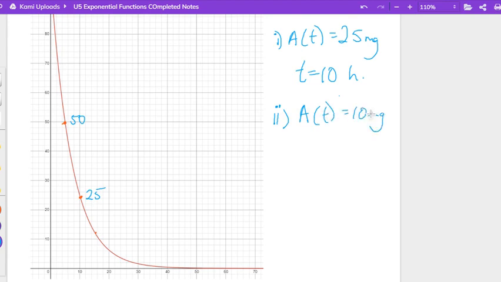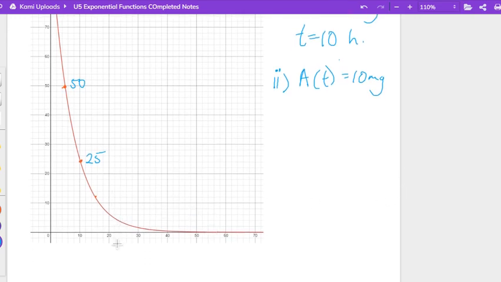Well, 10 milligrams is not going to fall on a halving time. That's not any of the halves. So here we just need to estimate. So 10 milligrams is over here. If we carefully read this graph as best as we can, 10, 12, 14, 16. I'm going to estimate that time would be 16.5 hours.